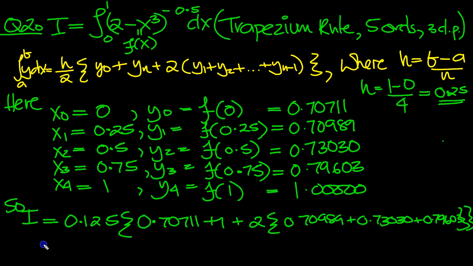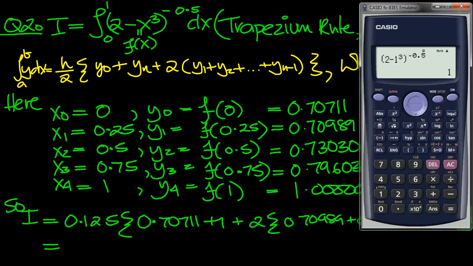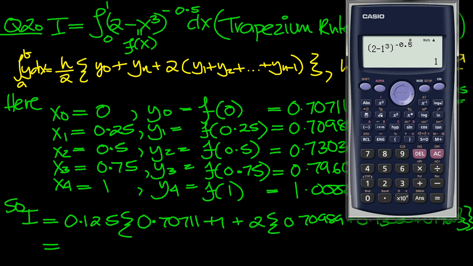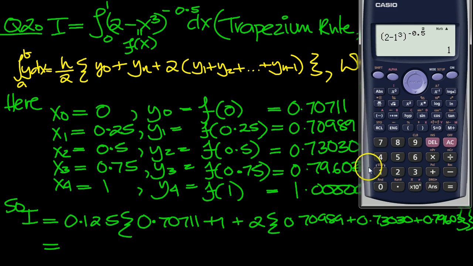There we go. Tap that in the calculator then, and see what we get. So I'm going to try and move my calculator slightly out of the way, so I can see all the numbers.